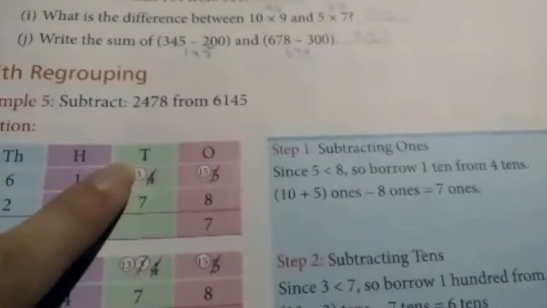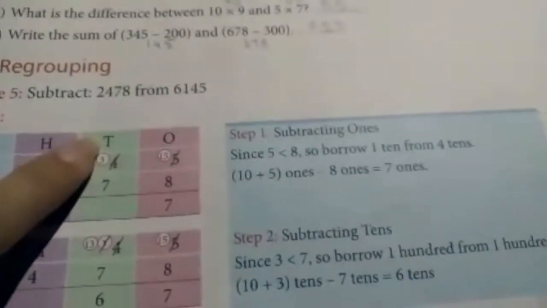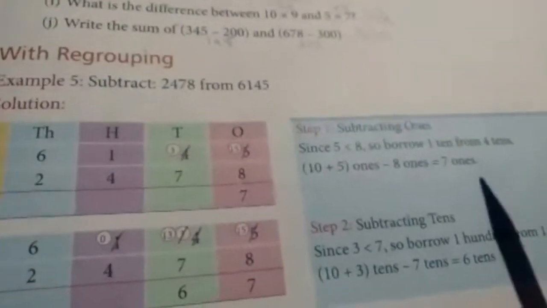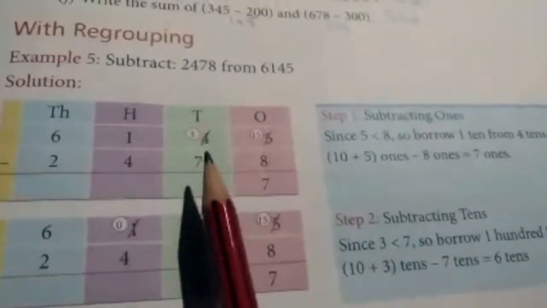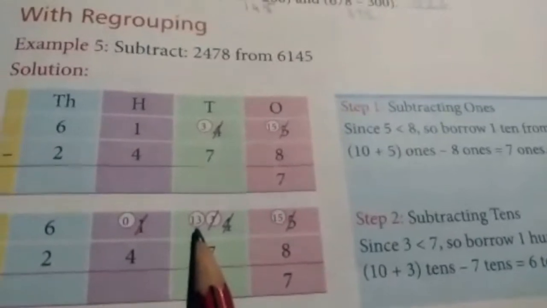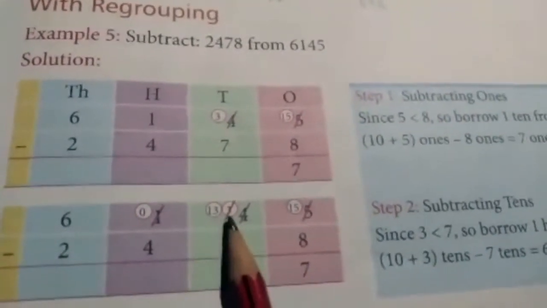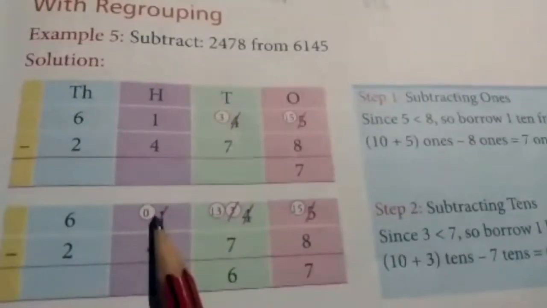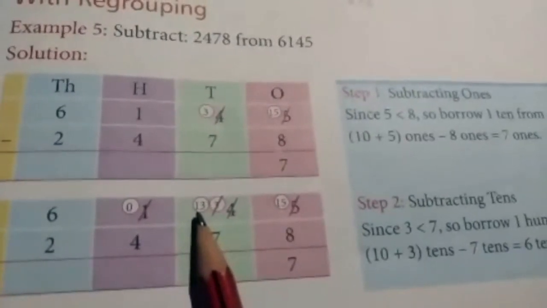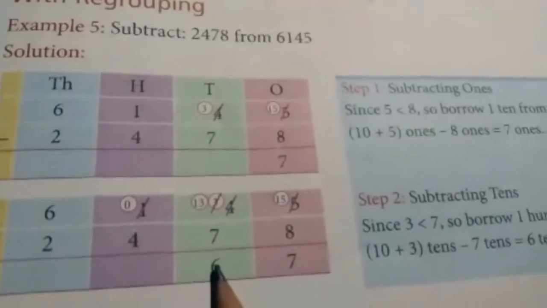So we borrow 1 hundred from the hundreds column. 1 hundred is borrowed, so it becomes 10 plus 3, that is 13. Are you understanding? Now we can subtract 7 from 13. 13 minus 7 becomes 6.